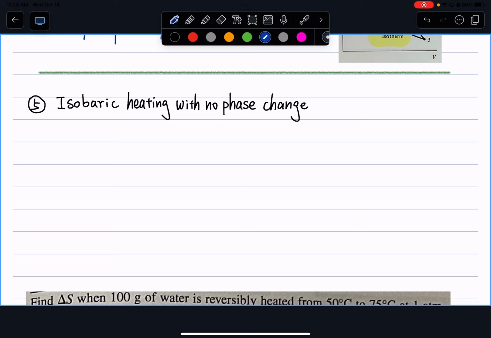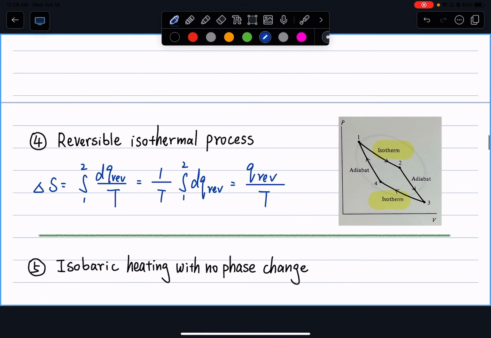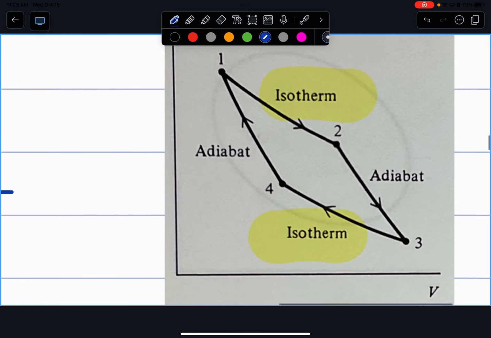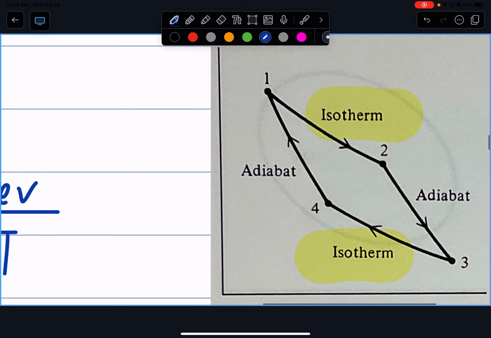Yes? How is the graph for the reversible isothermal process different from the reversible adiabatic one? What do you mean here? Well, isothermal means your points 1 and 2 have the same temperature. Adiabatic means between your 1 to 4 or 2 to 3, they have no heat. Got it, okay. They're just different in nature.